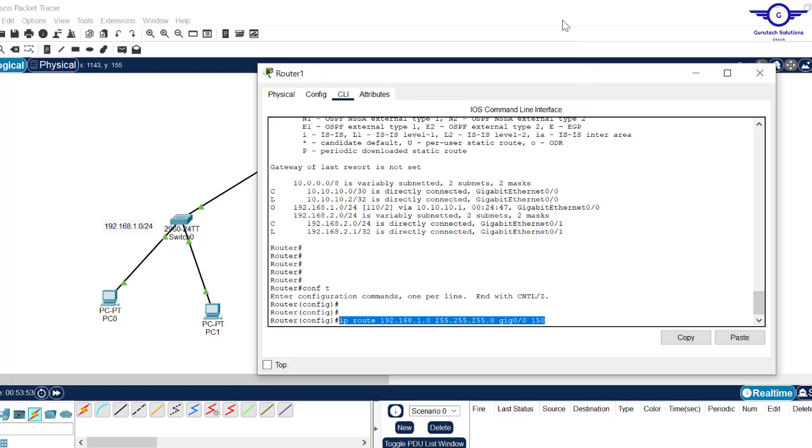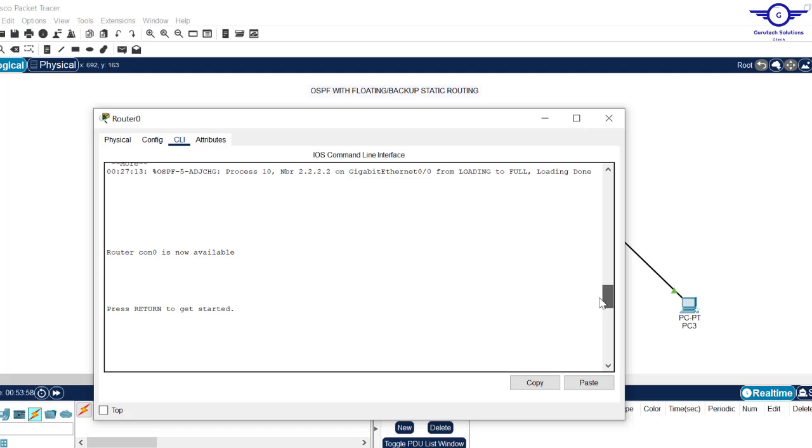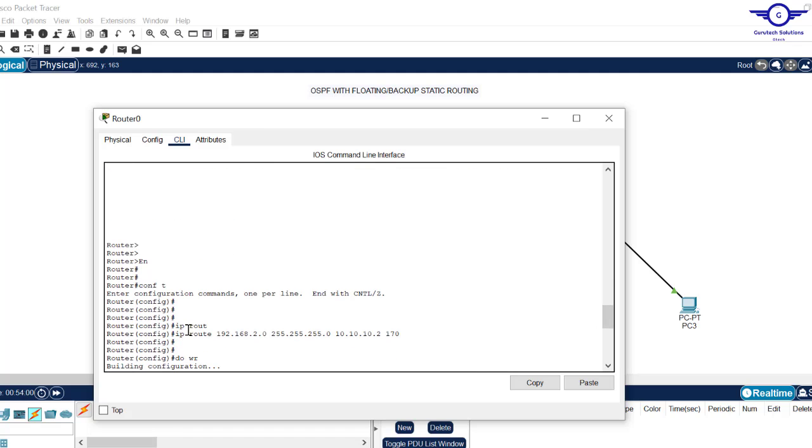All right. So the same way we did on this side, let me open it. We did on this side, telling this router: whenever you receive a packet matching this destination, then forward it to the next hop IP address.